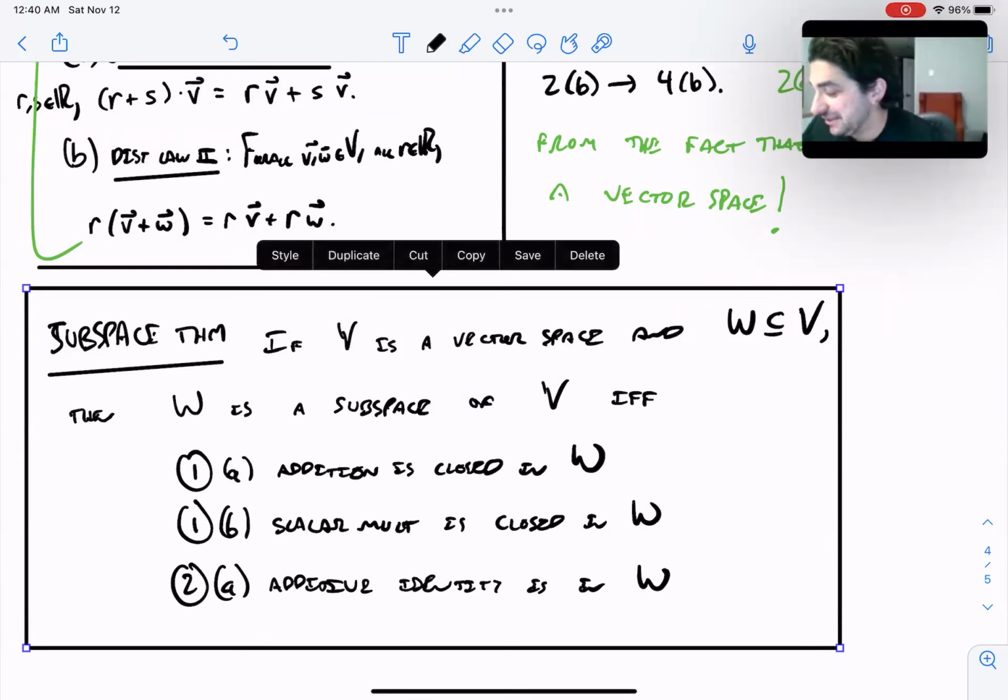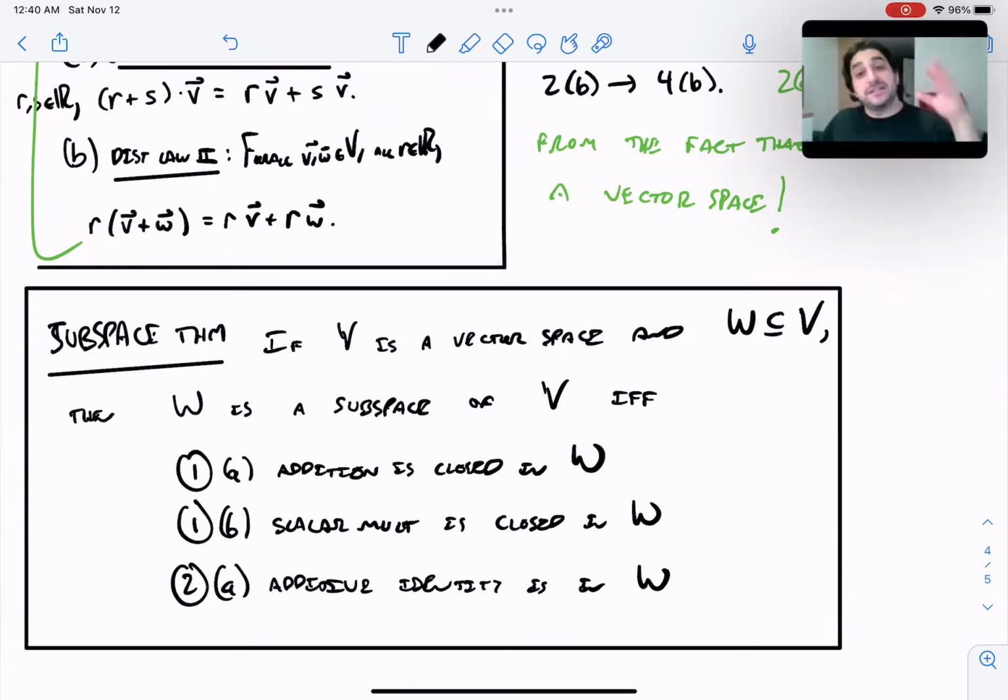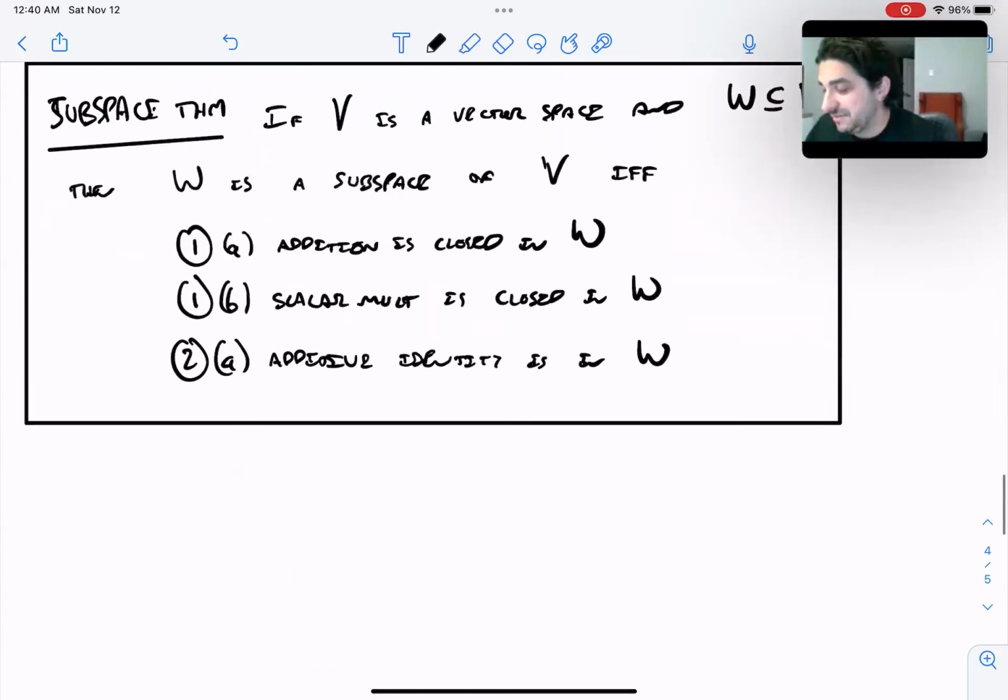So that massive list suddenly becomes a lot more manageable, as long as you have some parent vector space that this other set is living inside. So this is a very, very convenient property.